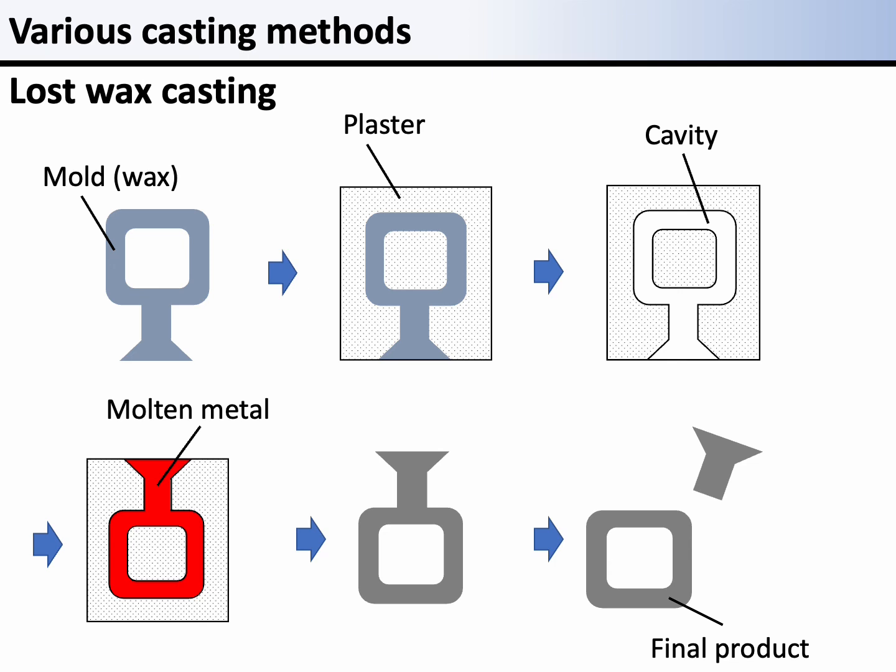The model disappears each time. The mold is broken after the process, while the die used to make the model is used repeatedly. It is used for relatively small, intricate shapes and is often used for arts and crafts such as accessories. Productivity is increased by creating multiple cavities in a tree pattern for a single mold.